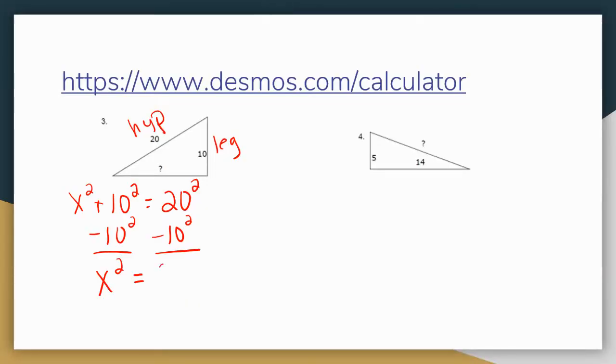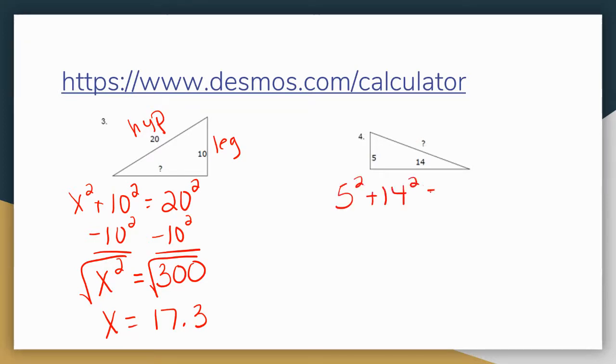So x squared is equal to 300. I'll take the square root of both sides, and we did get 17.3. Last example, I've given 2 legs. I'm looking for my hypotenuse. So leg squared plus leg squared is equal to the hypotenuse squared.